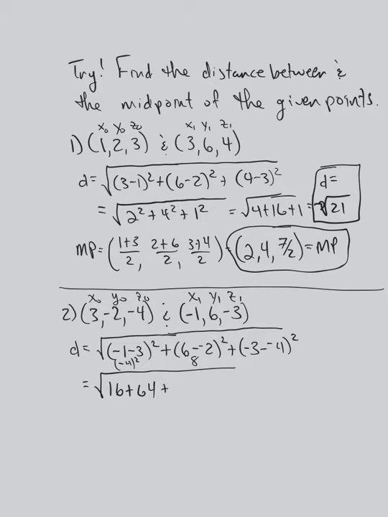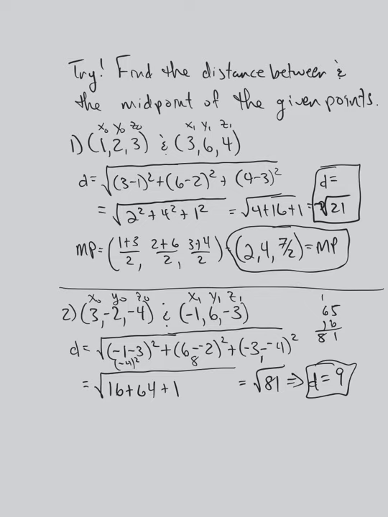And then plus, we have -3 plus 4, so that's going to be +1 there. We have 65 plus 16, which would be 81. Interesting, I just made that problem up. And so we have the square root of 81. Here our distance comes out to be a nice whole number. So the distance is equal to 9.